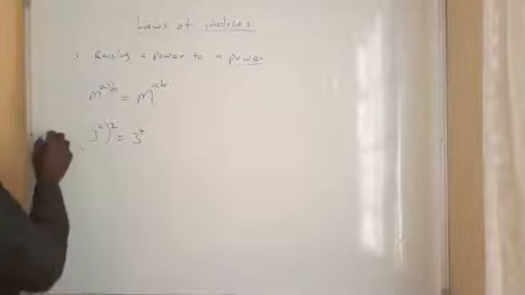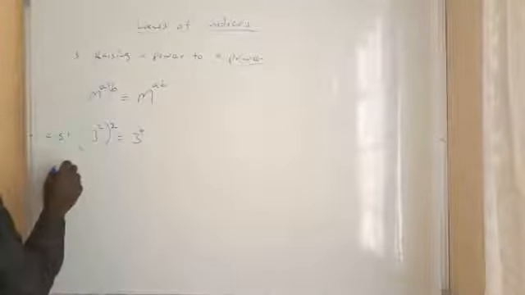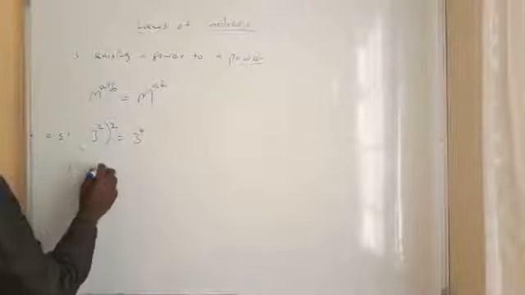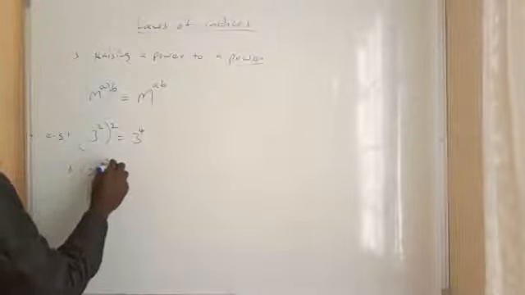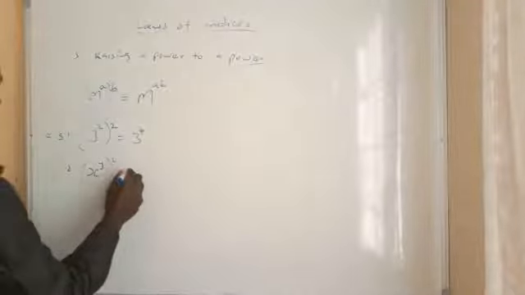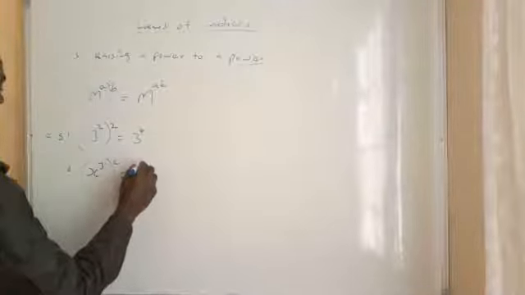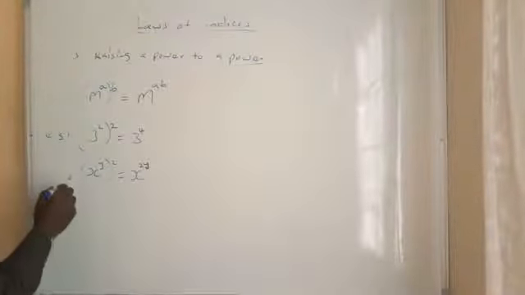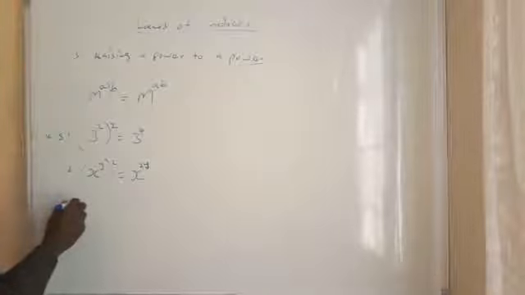That's just an example. Example 1. Example 2. If I have x power y raised to 2, then what is the answer? The answer is x to power 2y. If I have another example here, example 3.